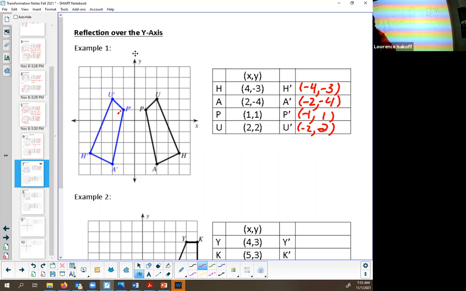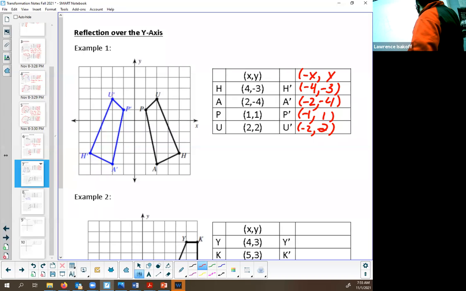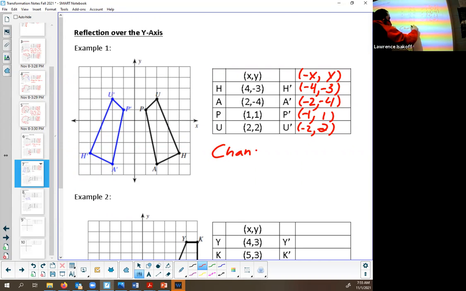So what are we doing with flipping over the y-axis? What's changing this time? Change the sign on all my x's, make all my x's negative. So it would be the rule (-x, y).